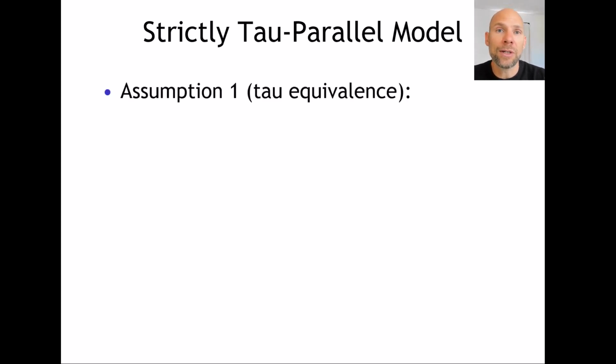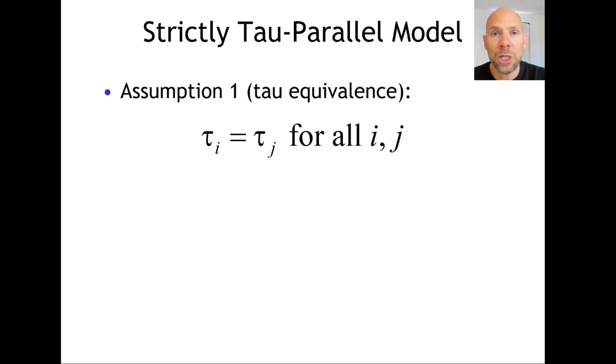The first assumption is the assumption of tau-equivalence. Tau-equivalence means that we're assuming that different tests, i and j, measure the exact same true score variable tau. So tau i is equal to tau j for all i, j, meaning all tests that we consider measure the same latent ability, so to say, the same trait.